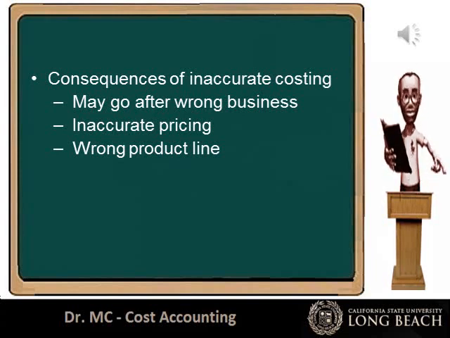Similarly, not knowing how much a product costs may cause a firm to mistakenly charge a price that doesn't produce a reasonable profit on that product. Moreover, when a firm doesn't know what it costs to make a product, a firm may make products that are not profitable because the firm thinks that the products are profitable, or the firm may drop profitable products because the firm thinks that the products do not produce adequate profits.